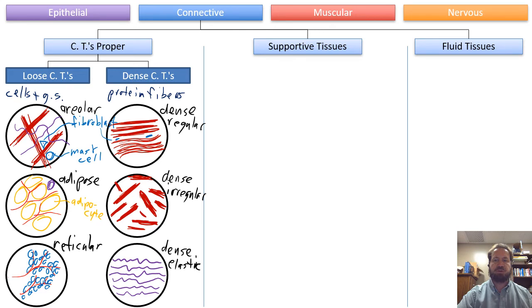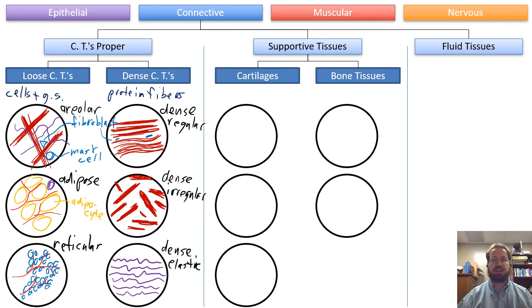What about your supportive tissues? Here we have a division into cartilages and bone tissues. Again, what's the difference here? Cartilages have a semi-solid matrix.